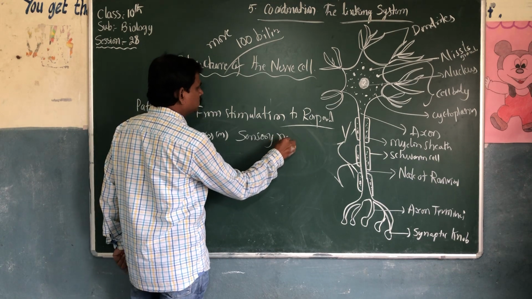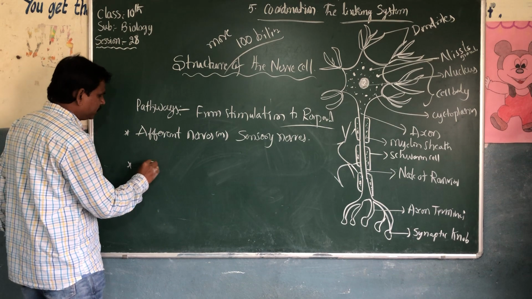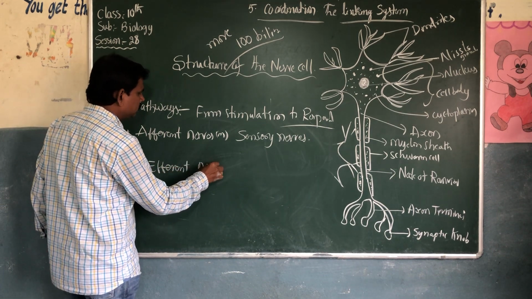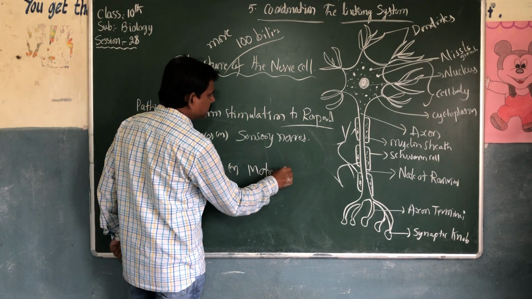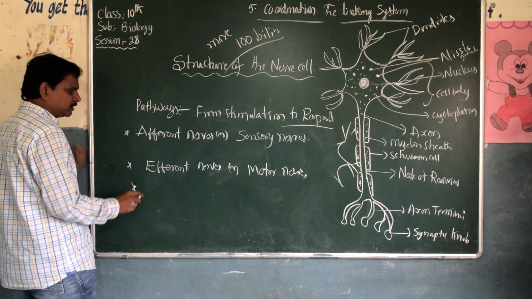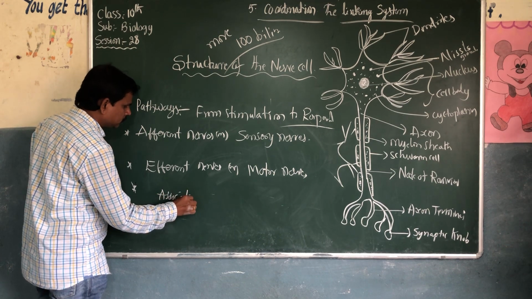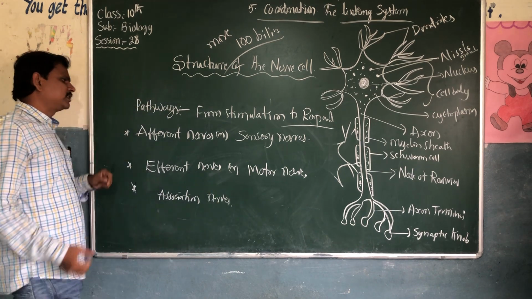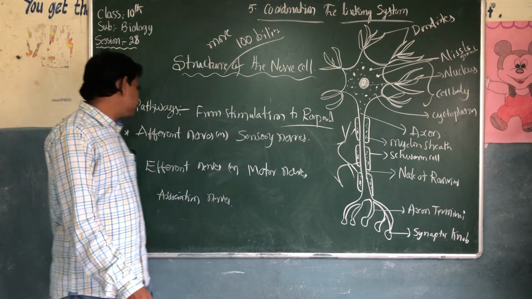The second one is efferent nerves, the motor nerves. The last one is association nerves. These are the pathways from stimulation to respond.